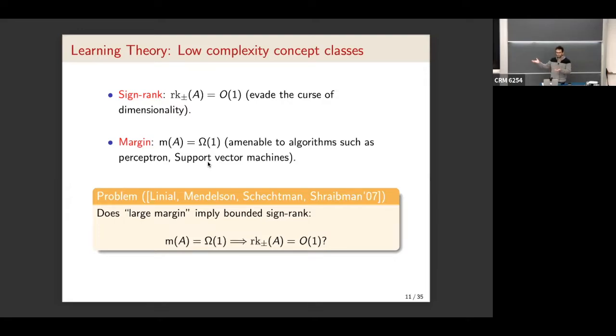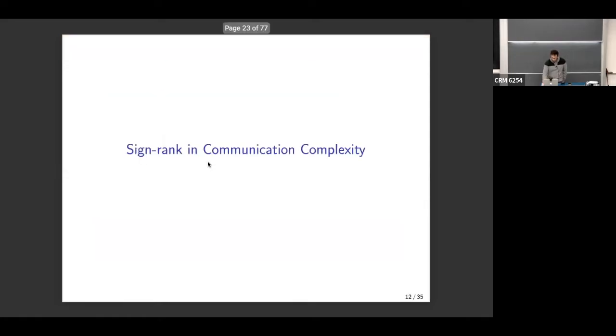Does it mean that you can represent it in low dimension with some other representation possibly? So let's say my margin is 0.1, does it mean that my sign rank is at most 10,000? Like I can bound it. So basically here we are interested in bounding sign rank as a function of margin, only margin, nothing about the dimension of the matrix. Yeah, so this was a question that kind of started this work.